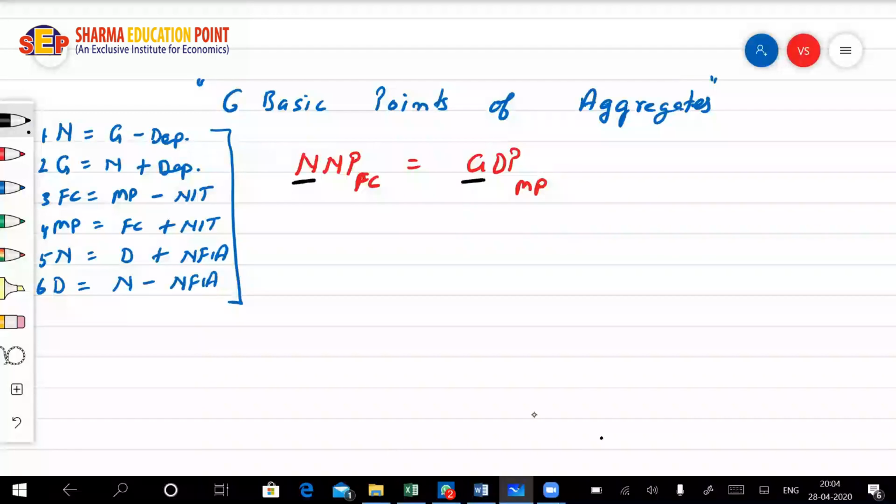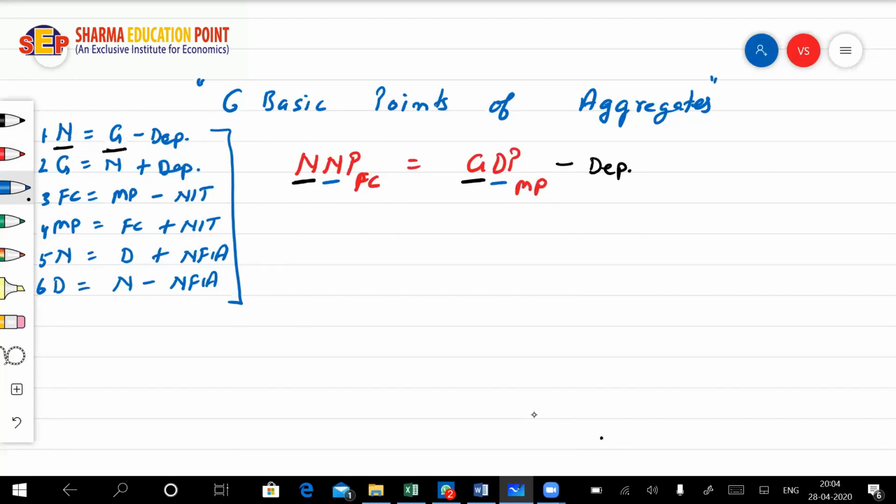So you will see that from 1 to 6, on the left hand side I need N, and right hand side I need G. So look, this is N and this is G. It is written on the first point and it indicates that depreciation should be deducted. So here formula is minus depreciation or consumption of fixed capital. Now look at the second point. At the second place, N is called national and D is called domestic.